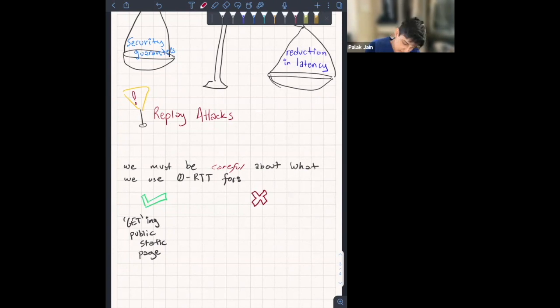That's going to be, say, payments or money transfer.